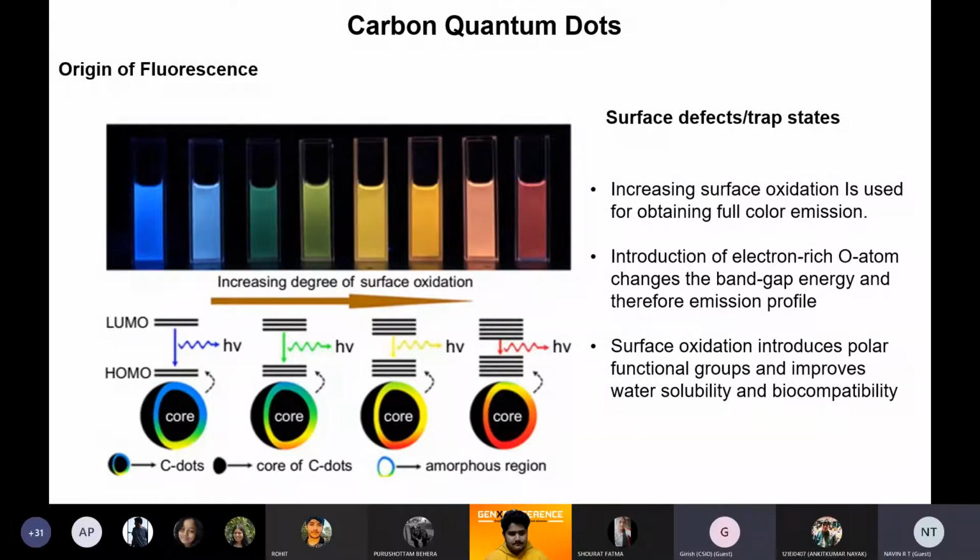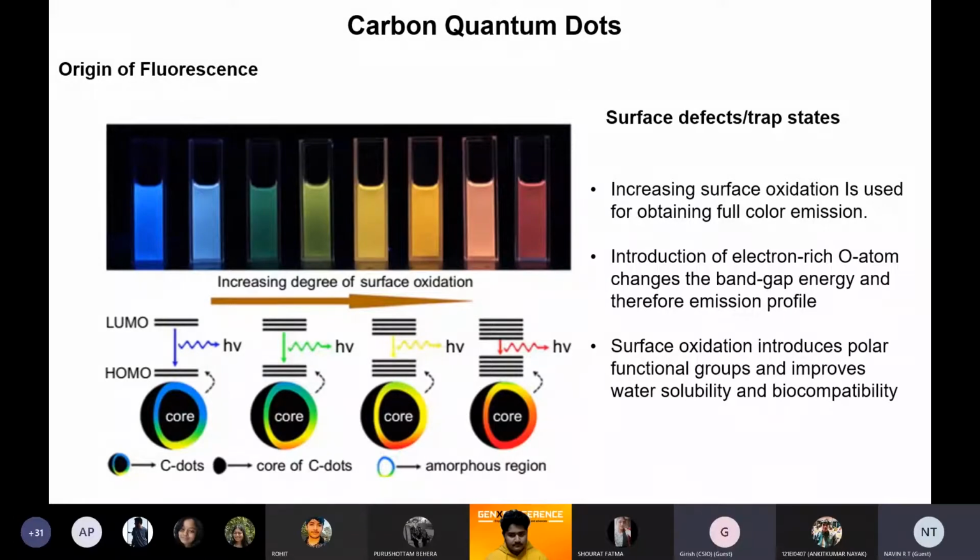In this example, they prepared the carbon dots, which they have indicated here, having a core shell structure. The core is of graphitic nature, that is, all the sp2 hybridized carbons are present in the core, and the surface has heteroatoms like oxygen and nitrogen. So they specifically studied the level of oxidation in this study.